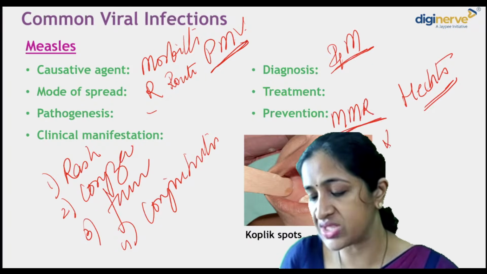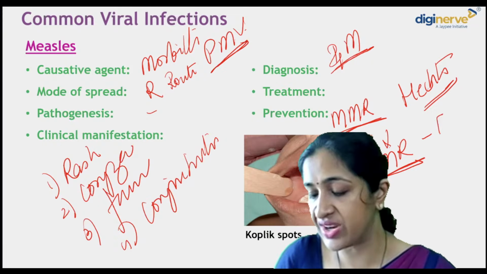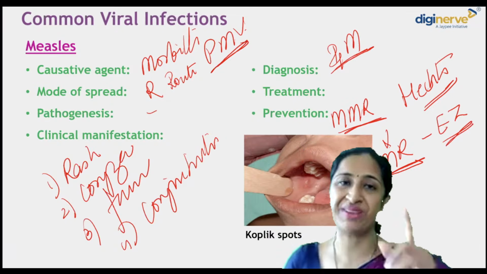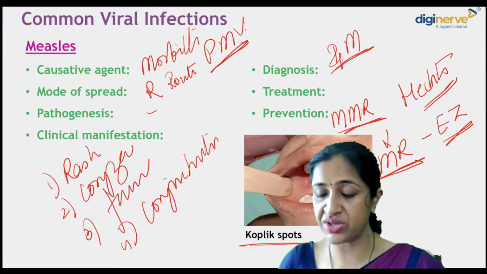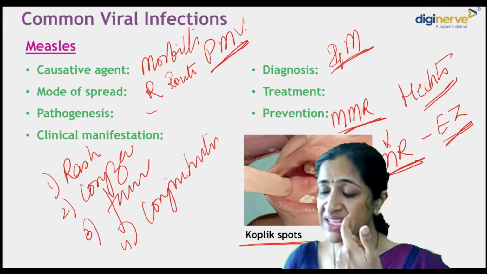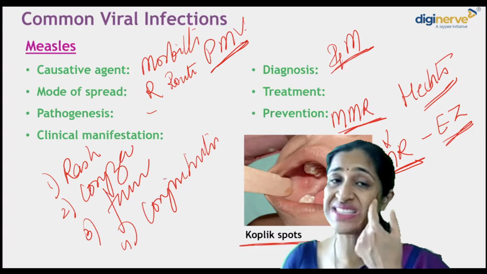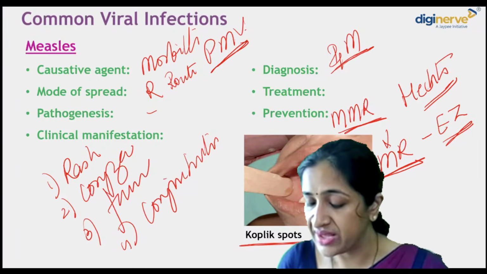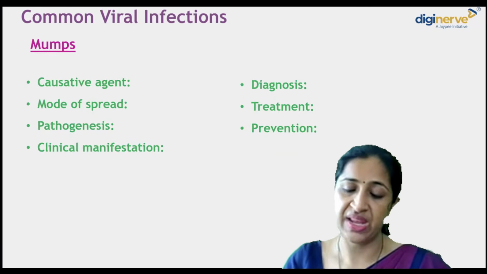In the government program, what is given is the MR vaccine. What is the strain? The Edmonston Zagreb strain. And yes, I forgot, Koplik spots. These are spots seen inside, next to the junction of the first and second molar. There you see these white spots. Those are the Koplik spots.